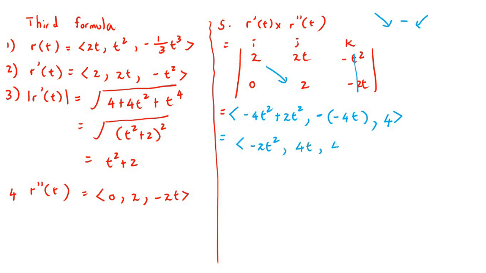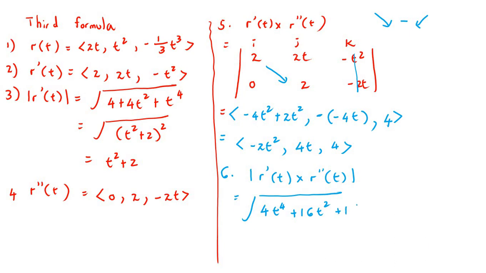So the cross product is negative 2t squared i, negative 4t j, 4k. Then number 6: the magnitude of R prime t cross R double prime t is the square root of each component squared: 4t power 4 plus 16t squared plus 16.